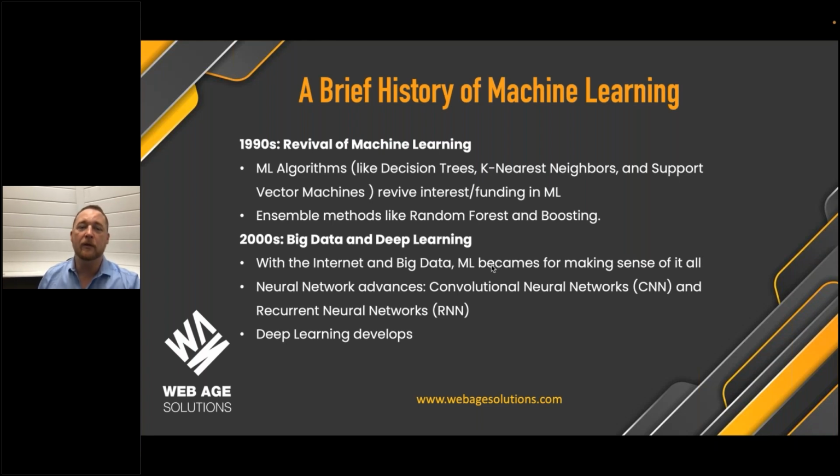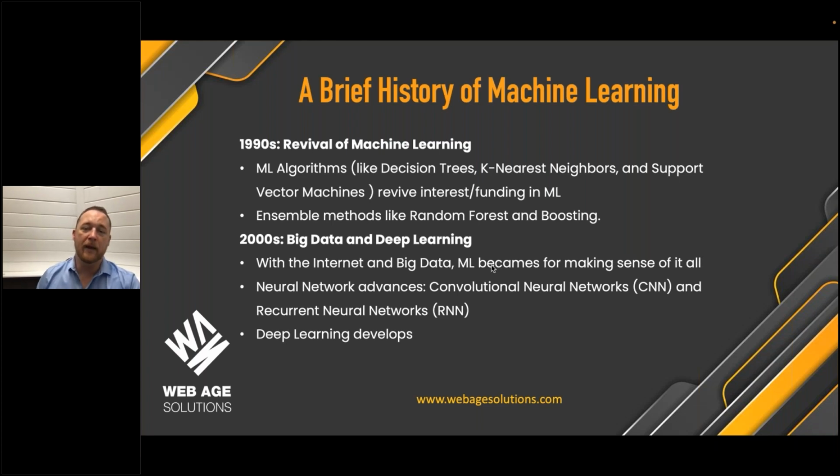And with that, the models got bigger slowly. And then in the 2000s, big data, the internet really, and all the data that was being collected led to the need for some type of non-human machine process to analyze all of that. And at the same time, deep learning came to the forefront to help make sense of it all.